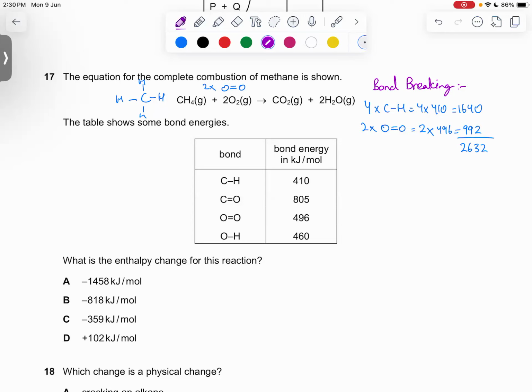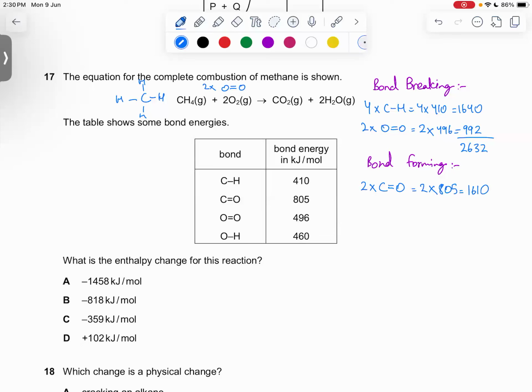2632. Now you're going to put the heading of bond forming. Bond forming contains carbon dioxide, CO2. CO2 means two carbon double bond oxygen, meaning 2 multiplied by 805, which is 1610.